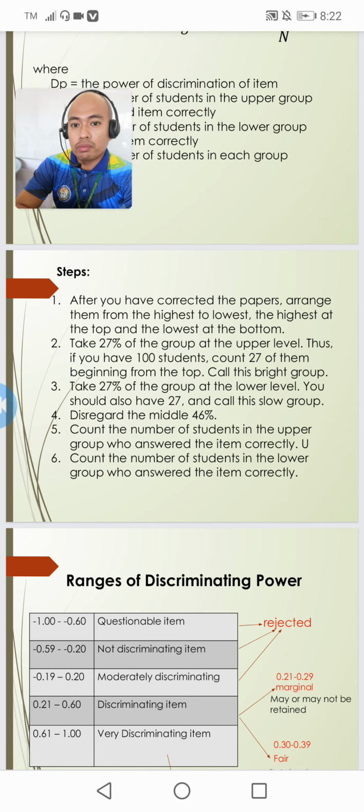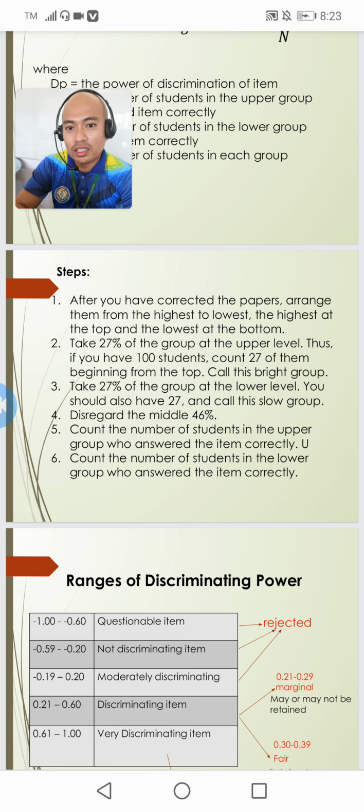Take 27%. Take 27% of the group at the upper level. Thus, if you have 100 students, say for example, just count 27 beginning from the top. Since 27% of 100 is 27, it is easy to locate how many will be the members of your upper group.